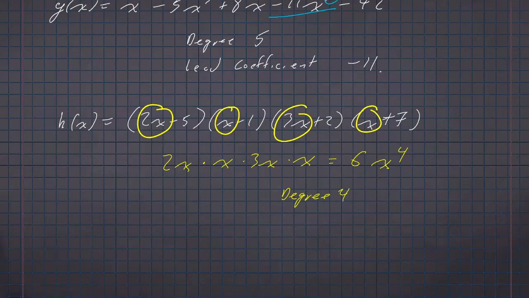I don't know what the rest of the polynomial is, but this is the lead term of the polynomial. So I can see that this polynomial will have degree 4, and a lead coefficient of 6.